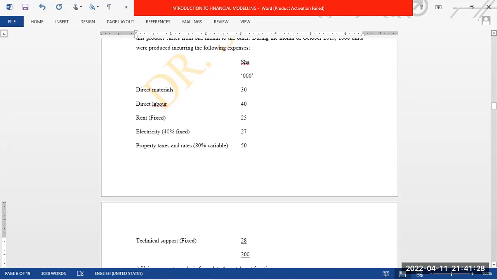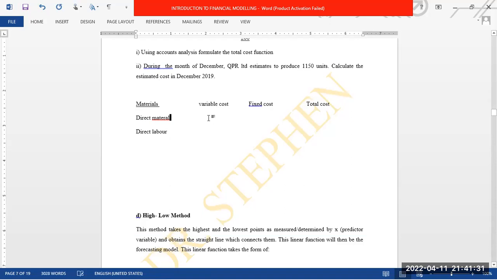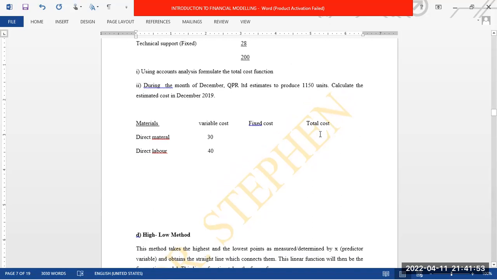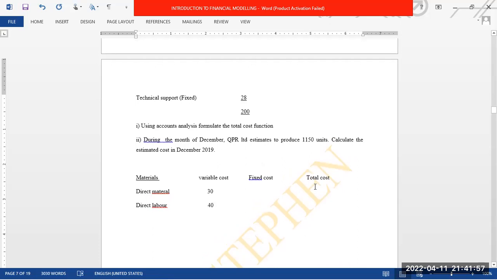Direct material just comes up. We have 30, and here we have 40. So the total here is 30, then the total here is 40.